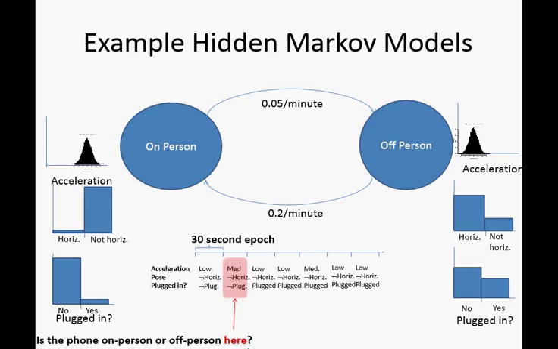Maybe once out of every 5 minutes on average, if the phone's off person, we'll pick it up to look at it, right? We'll pick it up and interact with it. Maybe if it's on person, about once every 20 minutes on average, we'll put it down. It's probably an overestimate, but the point is there are transitions, but they are associated with slower time constants compared to 30 seconds.